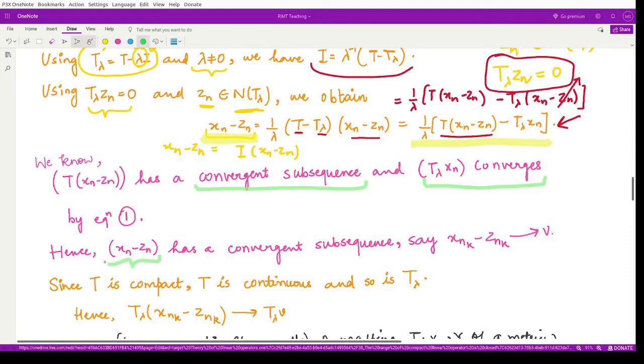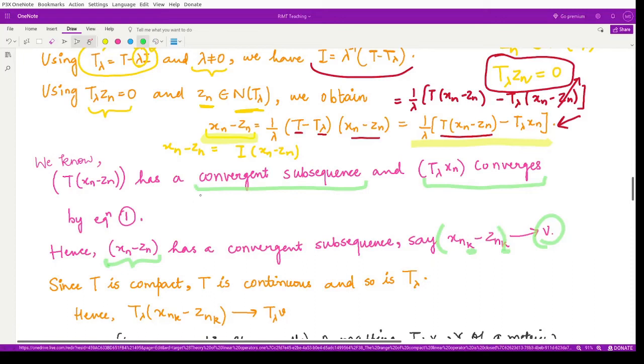And what is that convergent subsequence? Let's call that subsequence the difference x of nk minus z of nk, where k denotes the index for the subsequence. This sequence converges to some member, which we are calling v.